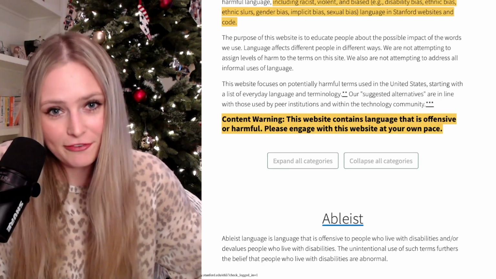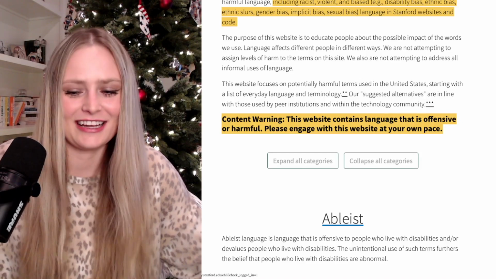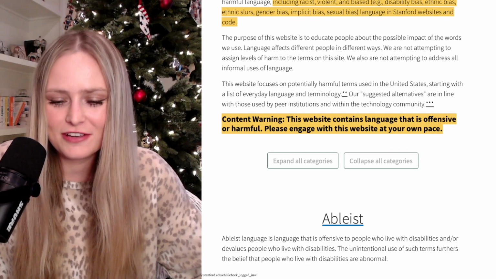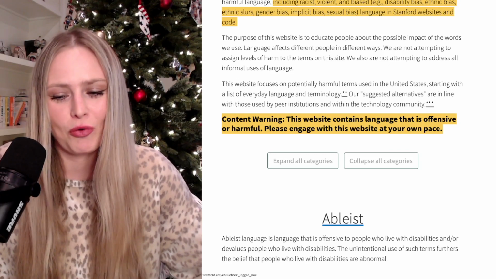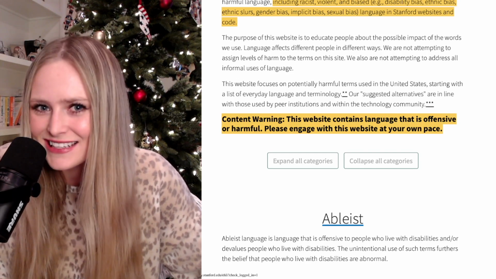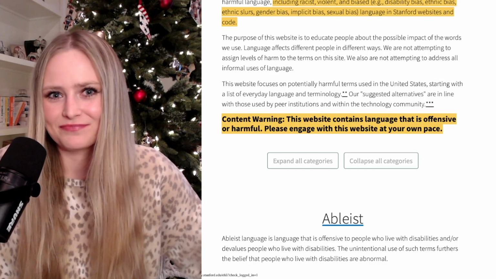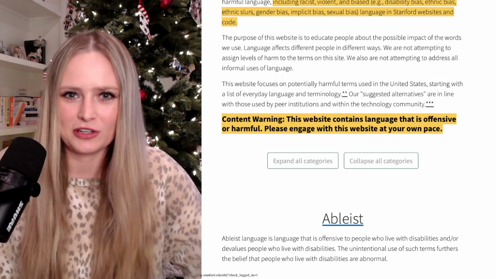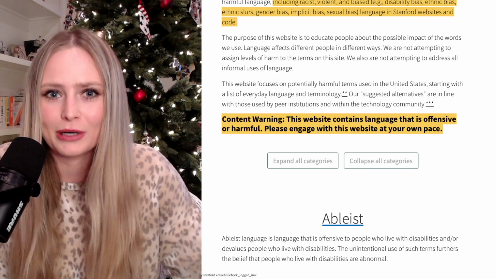So even on this information page, they have a content warning stating this website contains language that is offensive or harmful. Please engage with this website at your own pace. So you should be expecting these words to be so triggering. You know, it needed a content warning. These are going to be derogatory terms. But let's get into it.